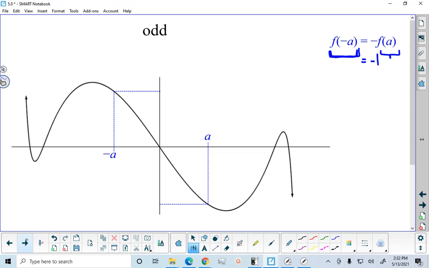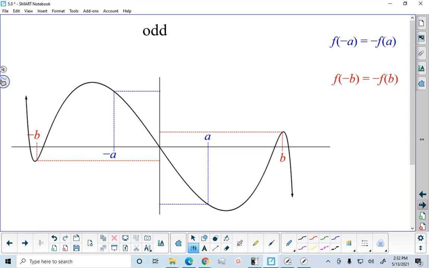This is just a very fancy way of saying they have opposite values for the y-coordinates because their x-coordinates are opposite. Take another number, b. The vertical location of that line is f of b. If I look at negative b for x, and I look at the vertical location of that point, that's f of negative b. Again, they're negatives of each other.